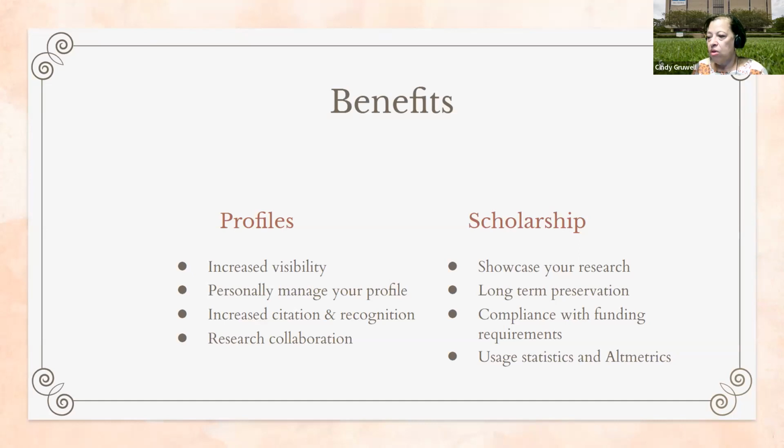The benefits of those in relation to profiles is increased visibility, personally managing your own profile, increased citation and recognition, and the ability to assist with research collaboration and finding other researchers with similar interests that might want to collaborate on works.